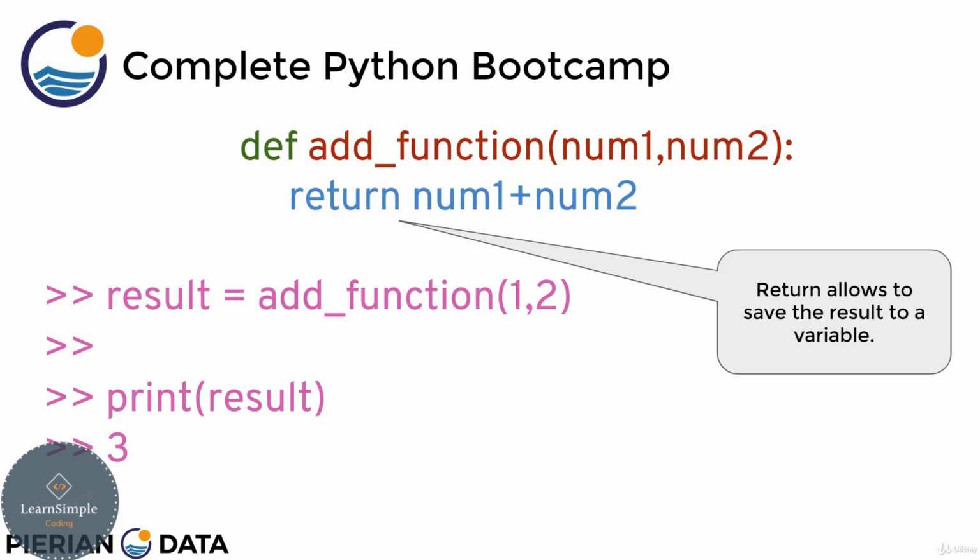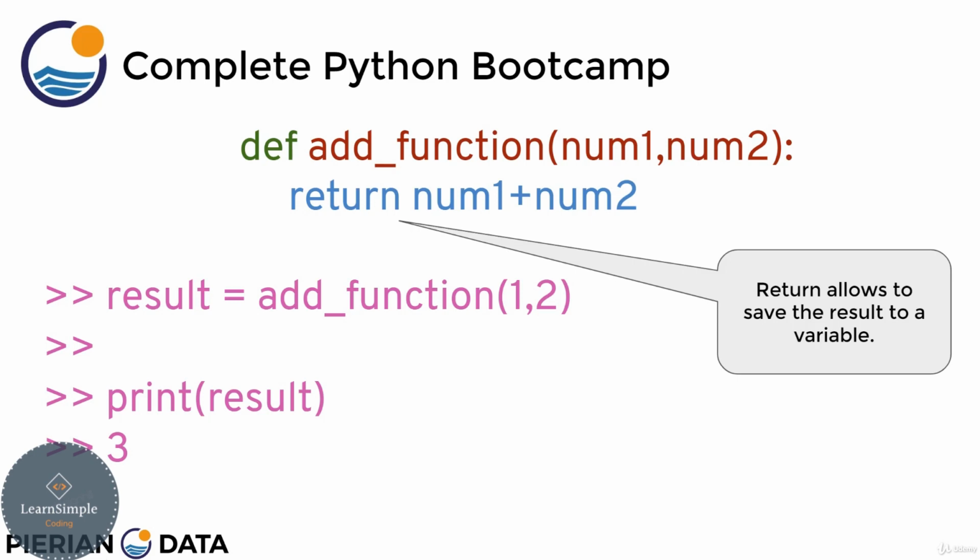But here, let's just look through a very simple example. I've created a function called add function, and it takes in two arguments or two parameters, num1 and num2, and keep in mind that you can call these variables whatever you want, so it's very flexible in the naming scheme. And then it's going to return the result of num1 plus num2. You should also notice here that return doesn't have any parentheses attached to it, unlike a print function. And so return then allows you to save the result to a variable, which print does not.